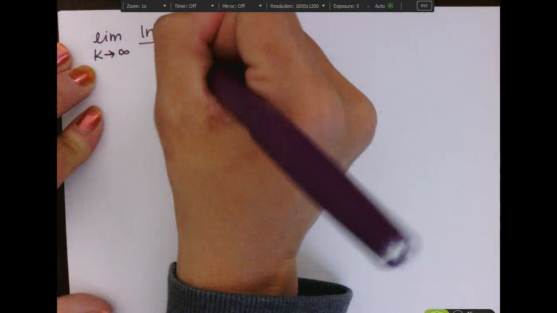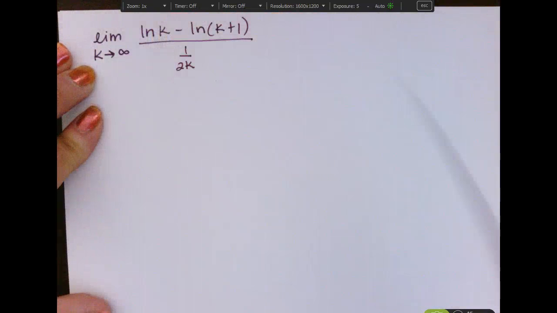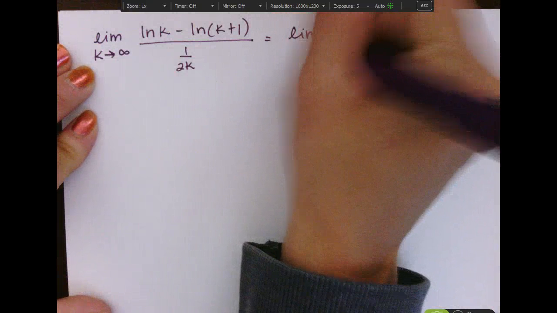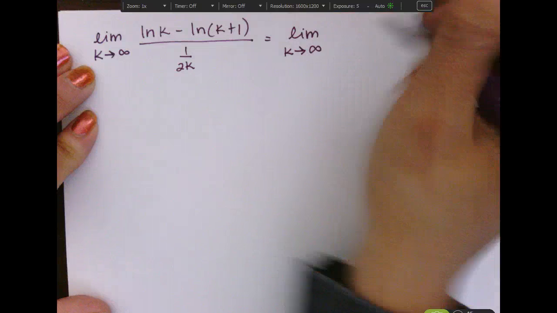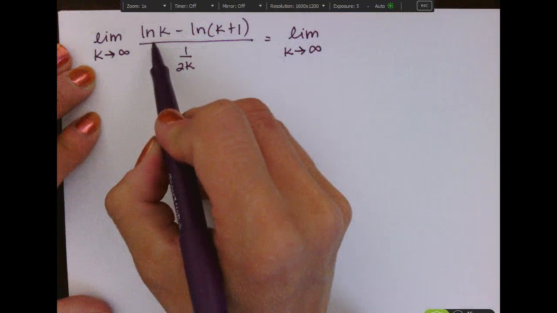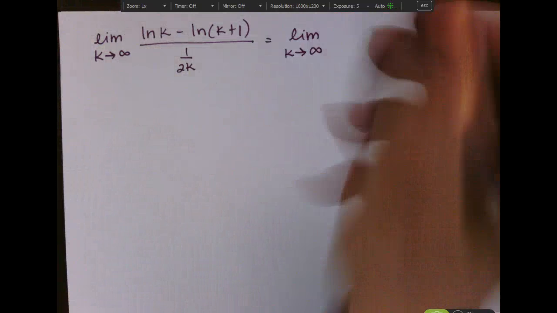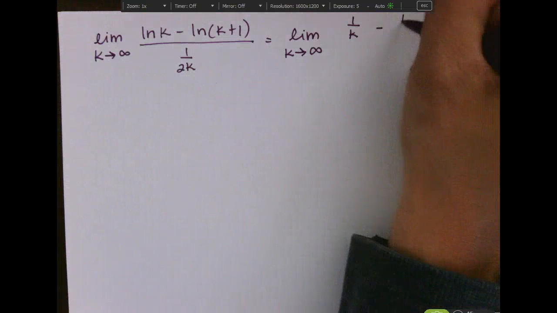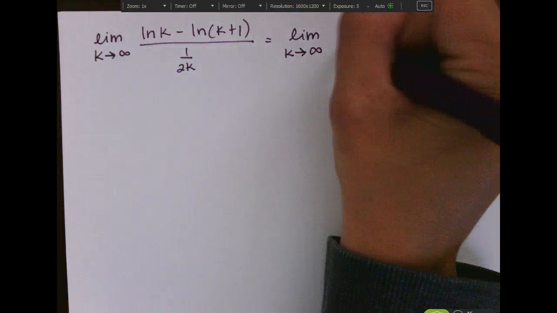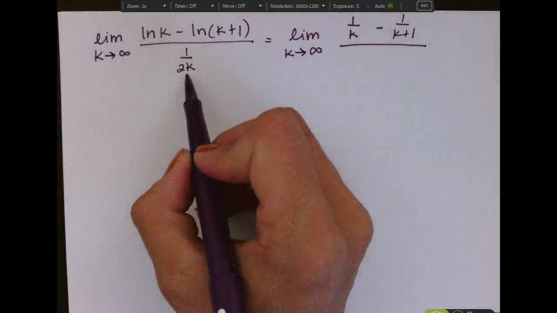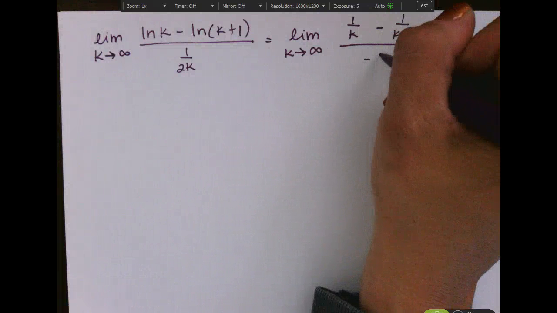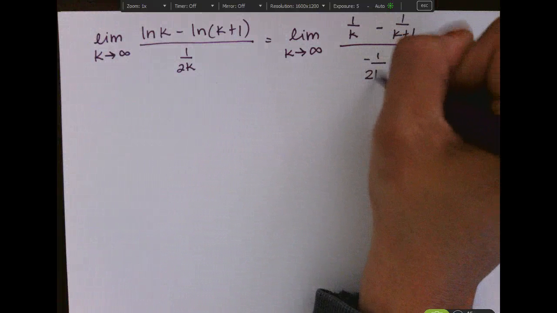It's just going to be easier when I use L'Hopital's rule and take my derivative. Taking the derivative of each term on the top separately, the derivative of the natural log of k is obviously going to be 1 over k, and the derivative here is going to be 1 over k plus 1. In the denominator, I've got 1 over 2k, and its derivative is going to be negative 1 over 2k squared.